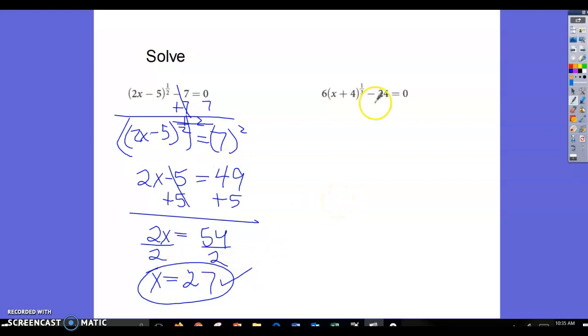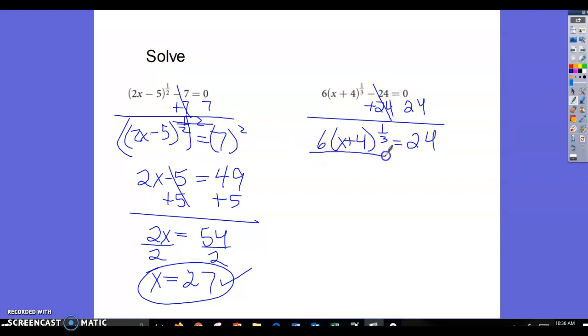All right, next question, we're going to add 24 first. First we have to isolate the exponent, just like we did with the radicals. Then I have to divide by 6 because that's the opposite of multiplication. 24 divided by 6 is 4.